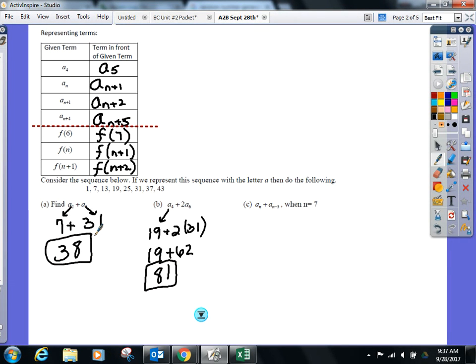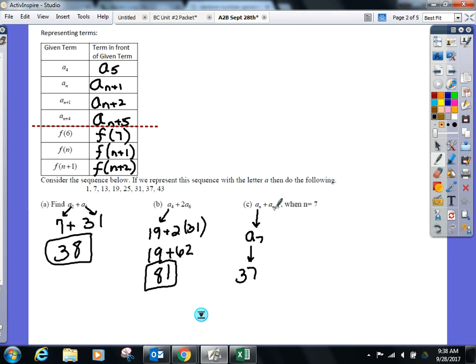How you guys feeling? All right, let's look at C now. A subscript n, a subscript n minus 3, but I'm telling you n equals 7. So what are we looking to plug in for this one right here? The what term, if n equals 7? 7th term. All right, the 7th term would be what? 37.